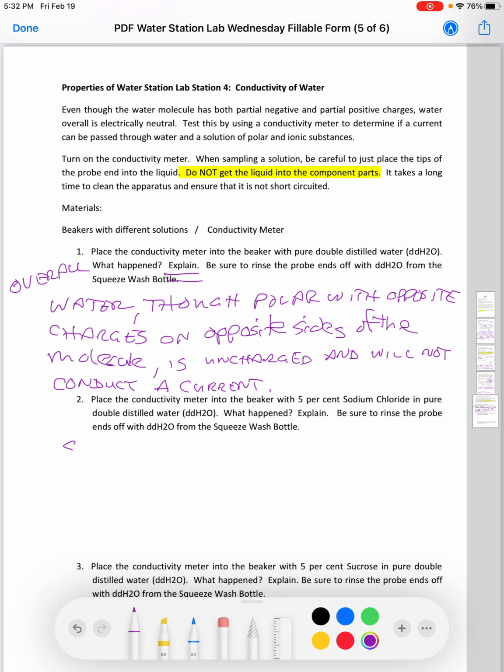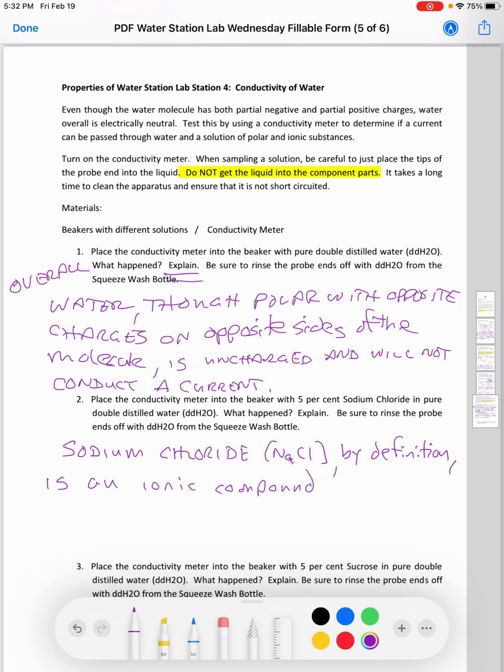So sodium chloride, NaCl, by definition is an ionic compound that will conduct a current when molten or dissolved in water.